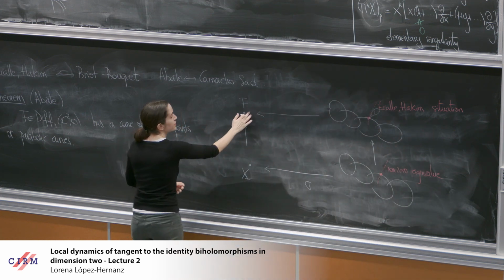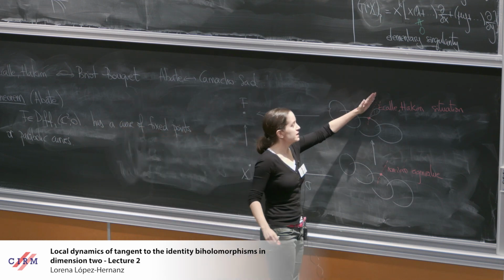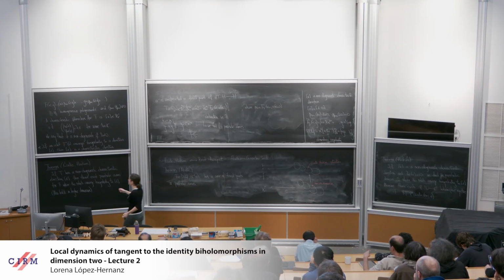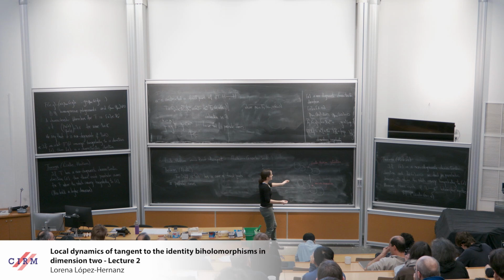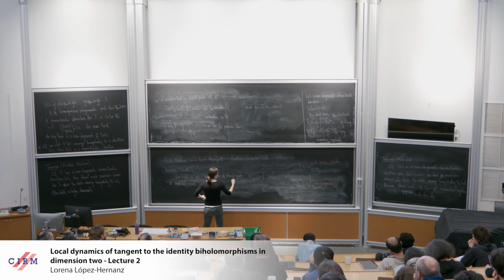So you find here parabolic curves in Ecalle-Hakim's result. The fact of having a non-degenerate characteristic direction guarantees that here you don't have a line of fixed points. Otherwise you could have a line of fixed points, so not necessarily a parabolic curve, but a curve of fixed points.